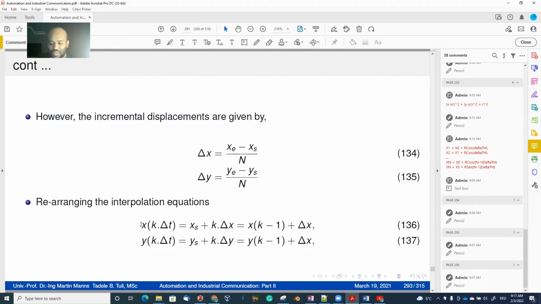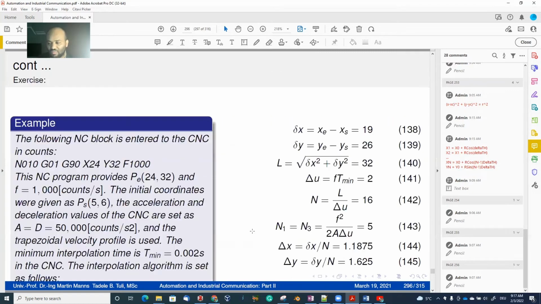We say the current position is the starting point plus k delta x, the same thing. K is actually what we said n before.